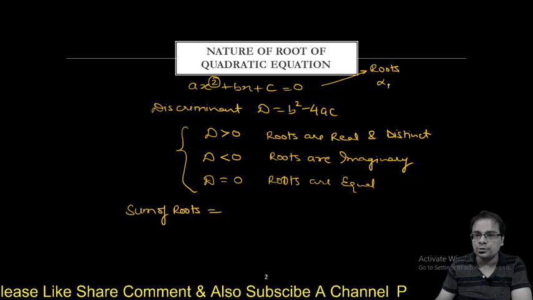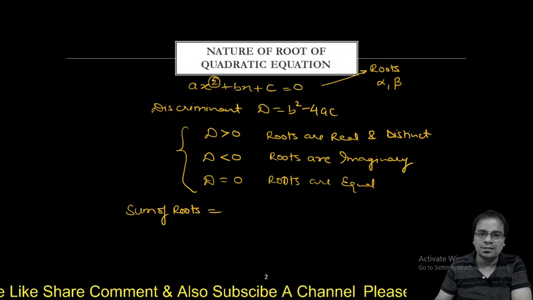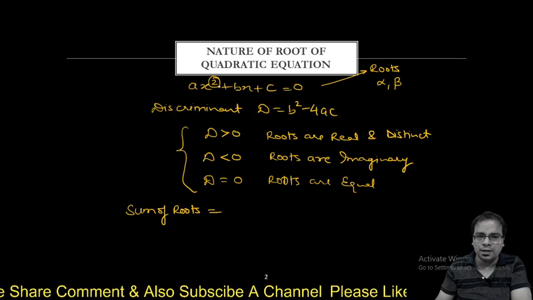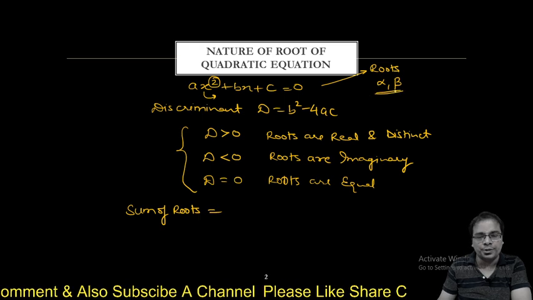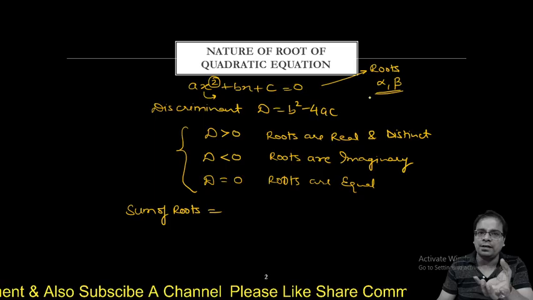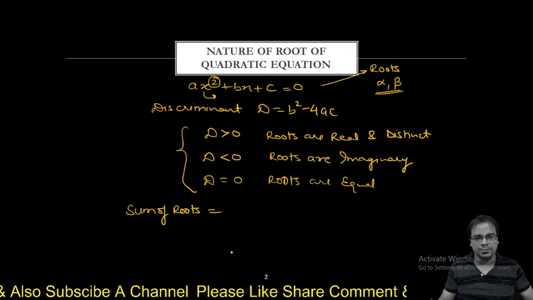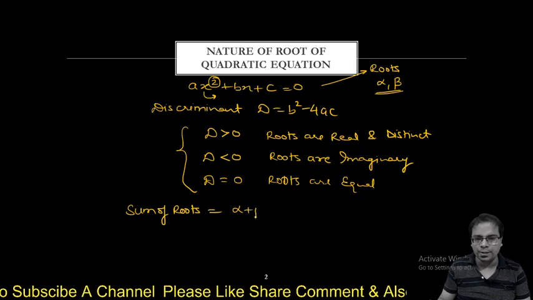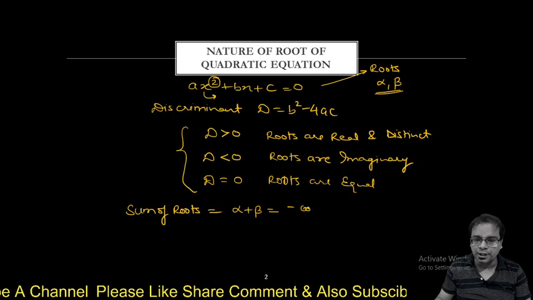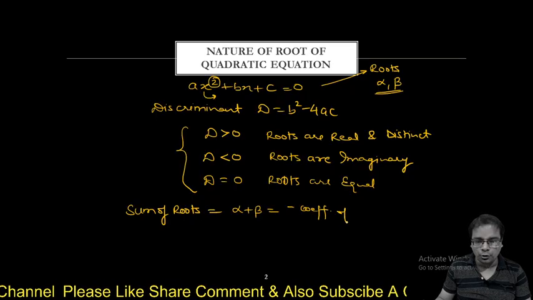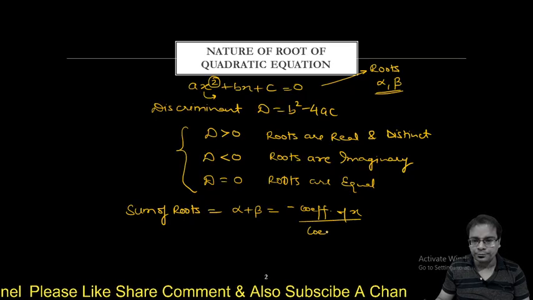The roots will be alpha and beta. We say that the value of x is called the root of the equation. One value we call alpha and another value we call beta. Now the sum of the roots, alpha plus beta, is minus coefficient of x upon coefficient of x square.